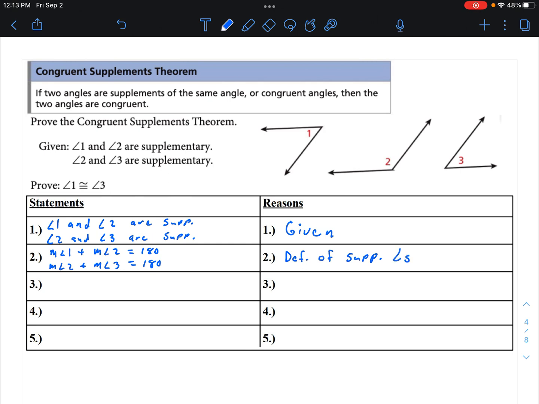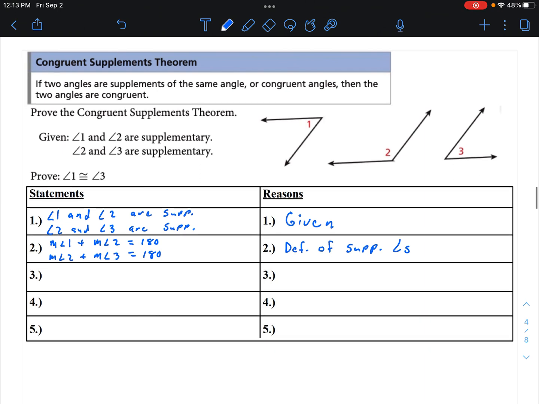Which takes me to step 3. Now, remember, our goal here is to prove that angle 1 is congruent to angle 3. So we got to keep that in the back of my mind. So we need to get 1 and 3 on the same line. We're going to do that right here. Since both of those expressions equaled 180, we could just set them equal to each other. Measure of angle 1 plus the measure of angle 2 should be the same as the measure of angle 2 plus the measure of angle 3.